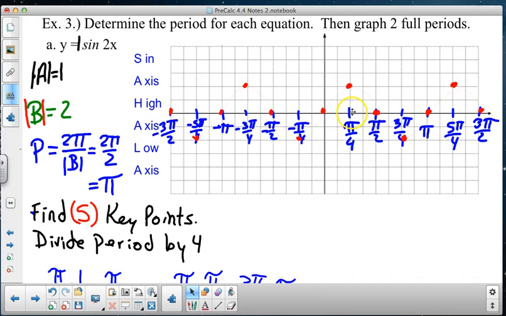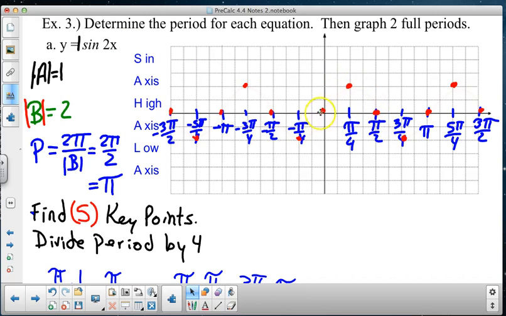The sine of pi over 2 is 1, so that goes up here. And then 2 times pi over 2 is just pi. So the sine of pi is 0.